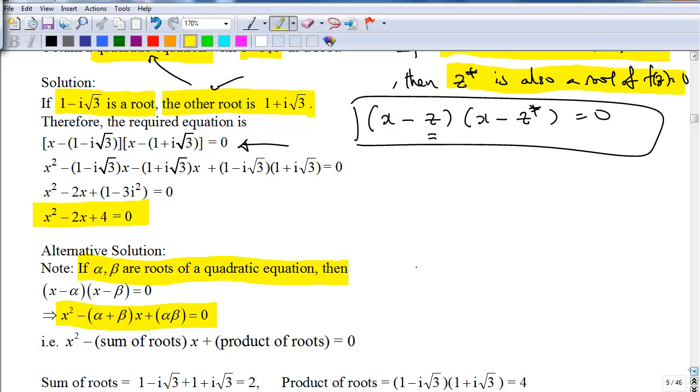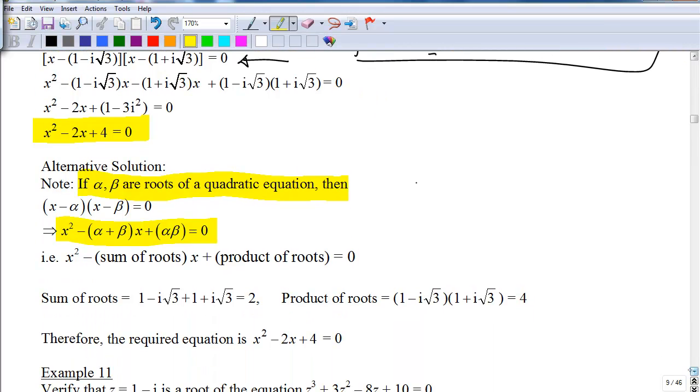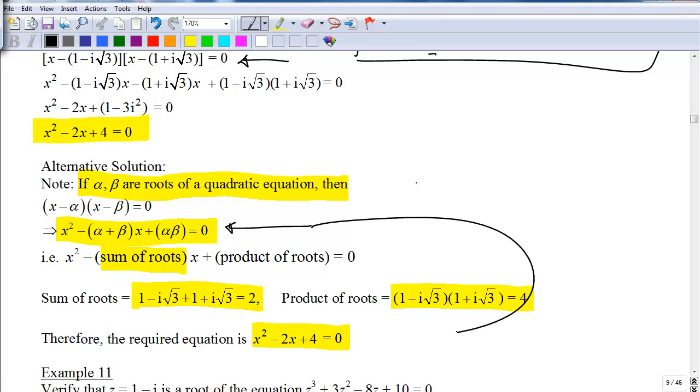So you can use the formula here to straight away give you your answer. You add the sum of the roots, which is 2, and you take the product of the two roots, which is 4, and then you can straight away substitute into this equation to give you this answer. Both methods are fine. It is your preference.